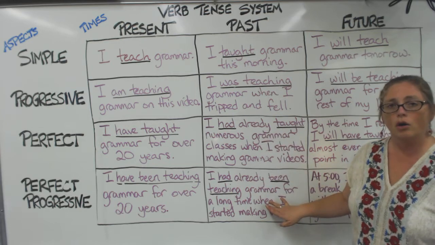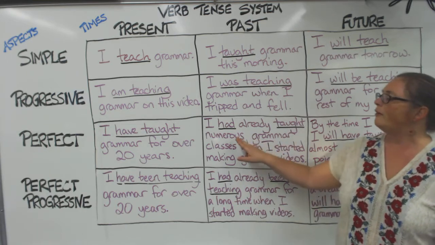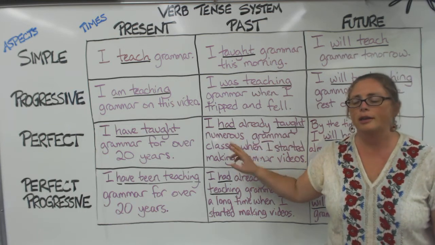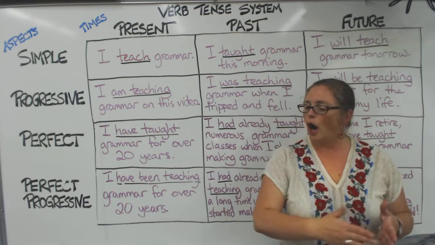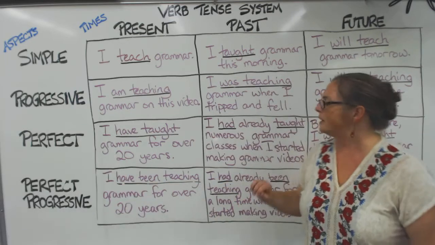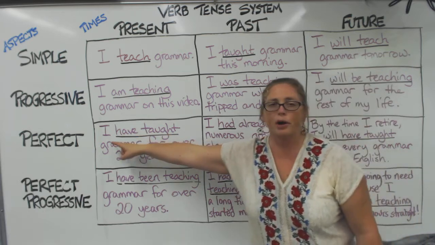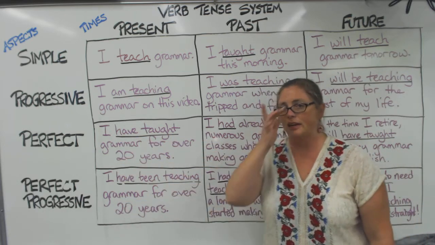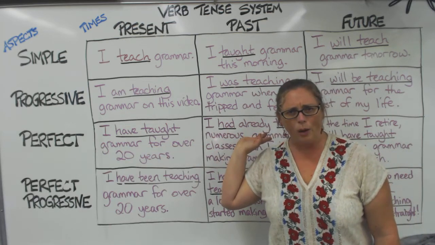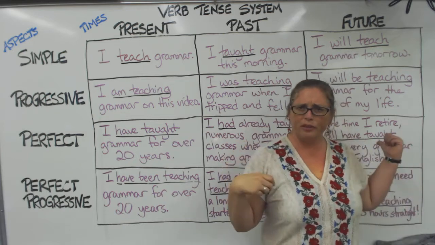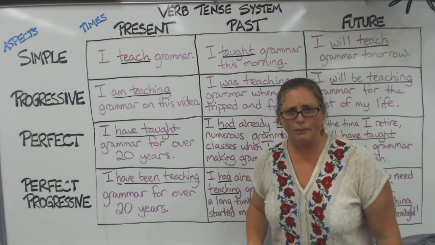Something to notice also between the perfect and the perfect progressive is that if you are talking about an action that happens many different times, not one continuing action, but something that happens a number of times, you want to use the perfect, not the perfect progressive. Because the perfect just says that it happened before now, or before the past, or before the future time, and it's okay if it's many separate times.